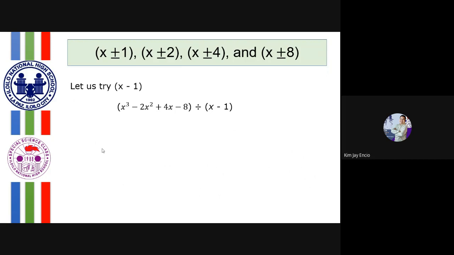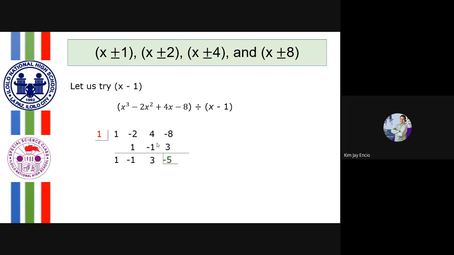Let's try x minus 1. So we have here 1, negative 2, 4, negative 8, and x minus 1 equals 0. Bring down 1. Multiplying them, we have 1. Adding them will be negative 1. 1 times negative 1 will be negative 1. 4 plus negative 1 is 3. 1 times 3 is 3.